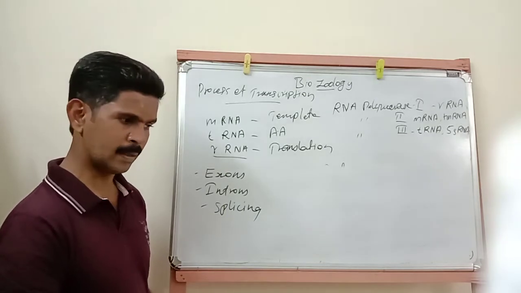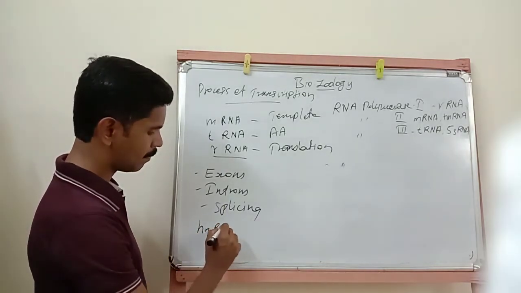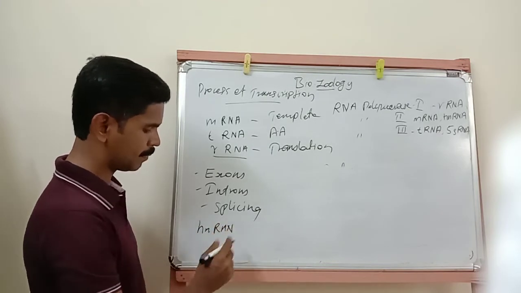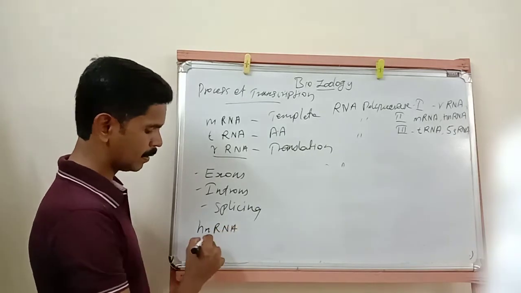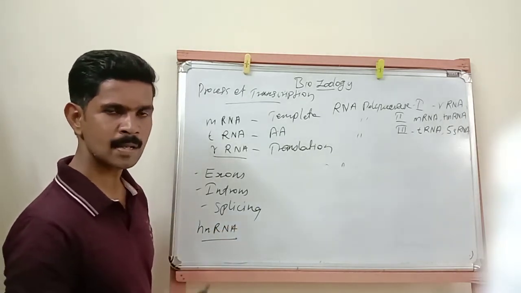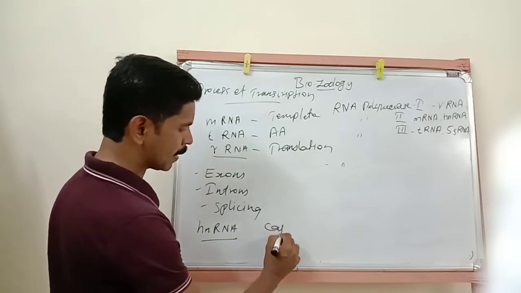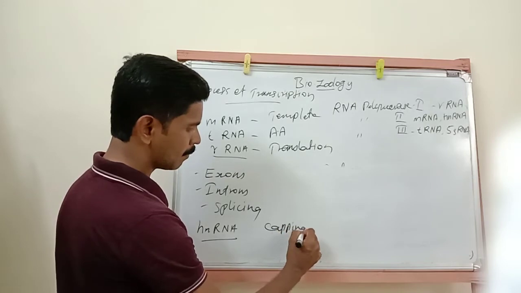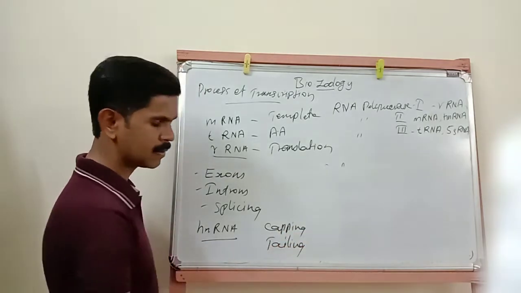Listen. Then in hnRNA, two additional processes also take place. One is called capping, and the second is called tailing.